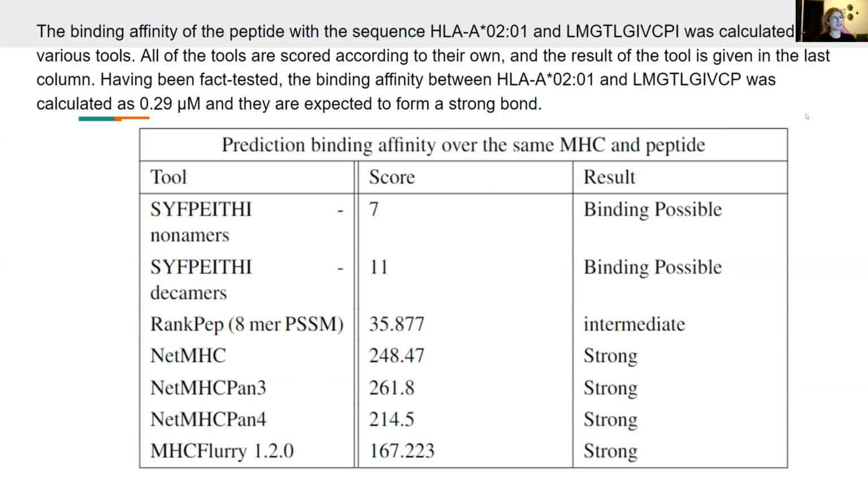Here we have HLA and LMGTLGIVCPI peptides, and it must have a strong binding because we have a threshold of 0.3, and we assume that lower than this is strong binding. So we examine all of them, and NetMHC, NetMHCPan, and MHCflurry are acceptable for us at this point.